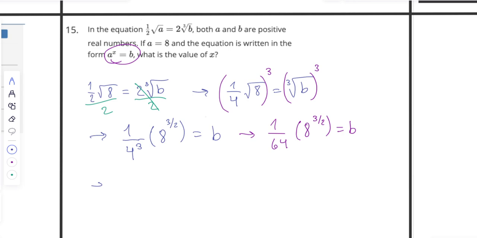And then the next step is converting 64 back into a base of 8. That is 1 over 8 squared times 8 to the 3 halves equals b.